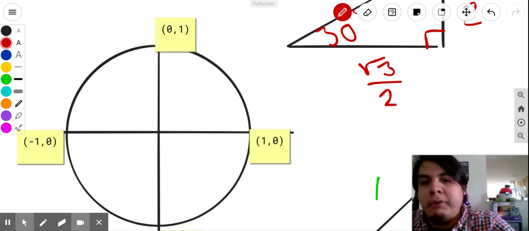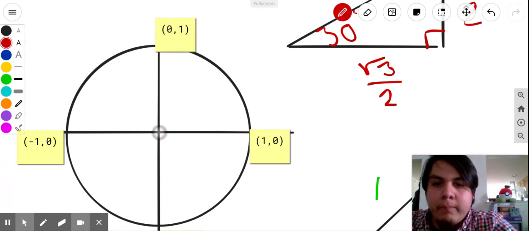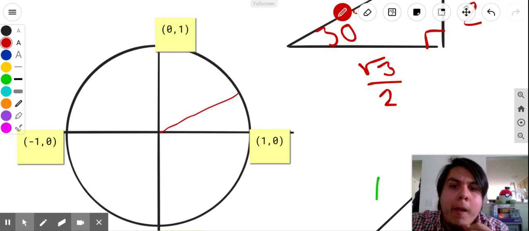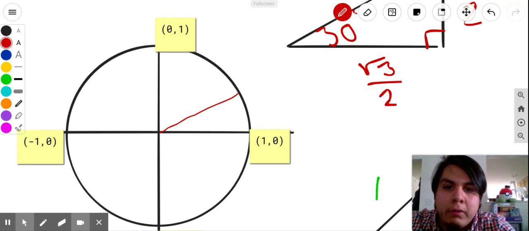So if I start with my initial side down here, and I rotate 30 degrees, if you remember back, you had a little triangle, right? And you had a point. And that point had an x and a y value.